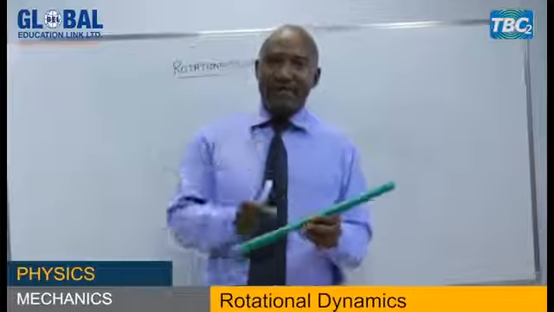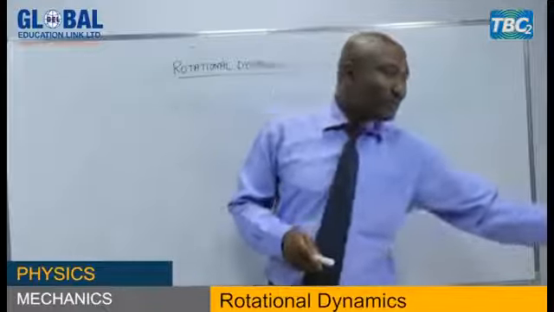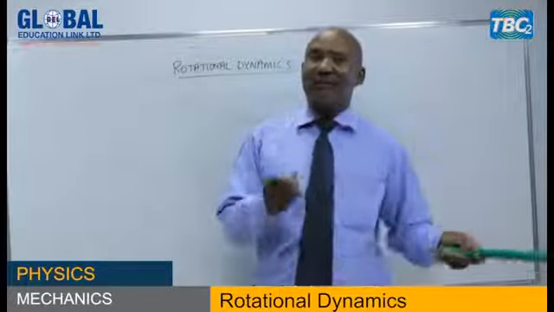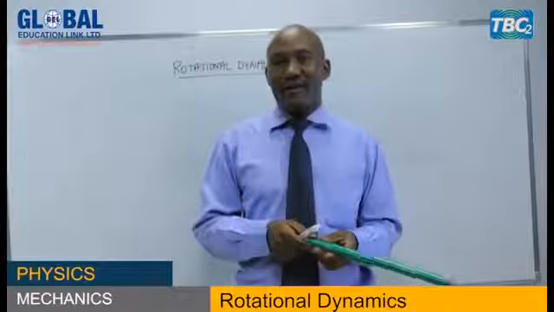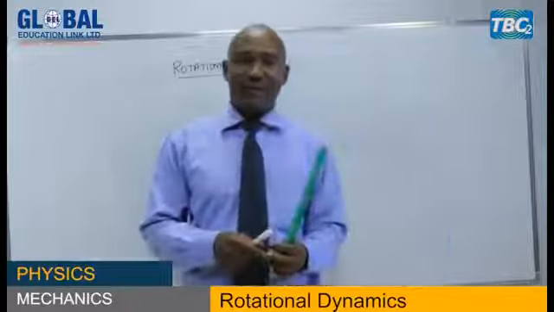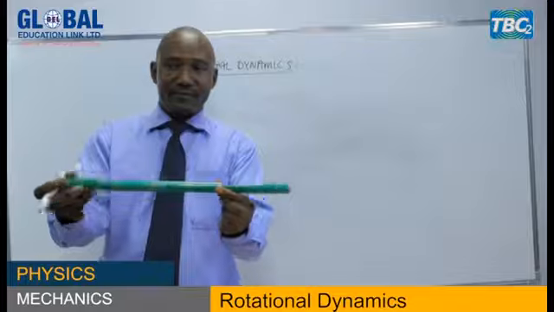So step number 1, you should know which parallel axis is passing through the center of mass. Very important. Then you should know the two axes must be parallel. That you're looking at, they must be parallel. And when they are parallel, you should find the distance between them. As an example, think about this rod.